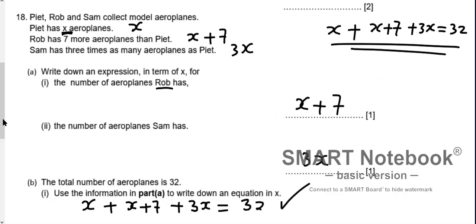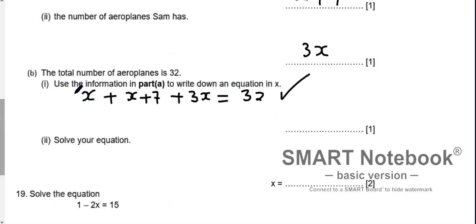That is your equation. Or you can collect like terms: 1X plus 1X plus 3X makes 5X, then plus 7 equals 32. Stop here because they did not ask you to find the value of X.